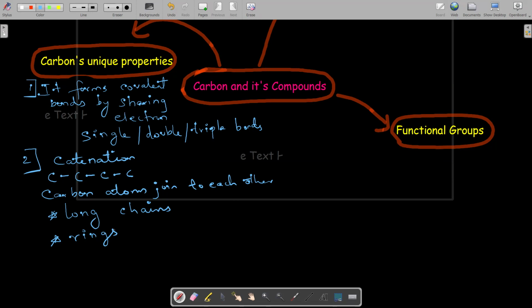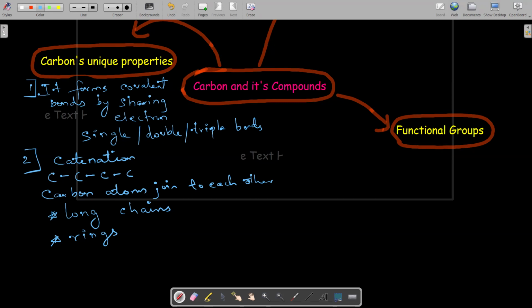This is a very important property, because it gives the different compounds. These properties are a few things which you need to learn by heart. That is, carbon forms covalent bonds only by sharing electrons, and they can form single, double, or triple bonds.